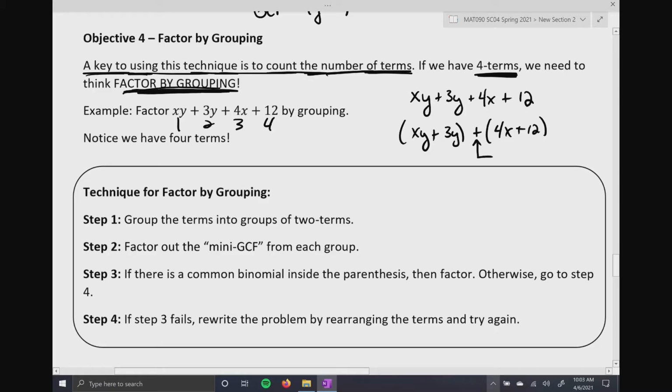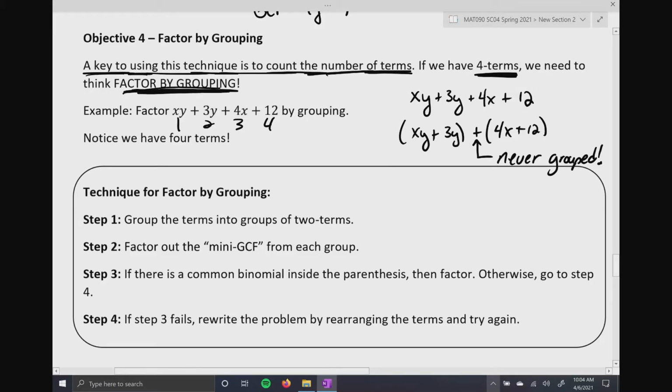Notice I grouped the first 2 terms and I grouped the second 2 terms. And I put an arrow to that middle sign. That middle sign, no matter what it is, will never ever be grouped. You always leave it in between the 2 sets of parentheses.